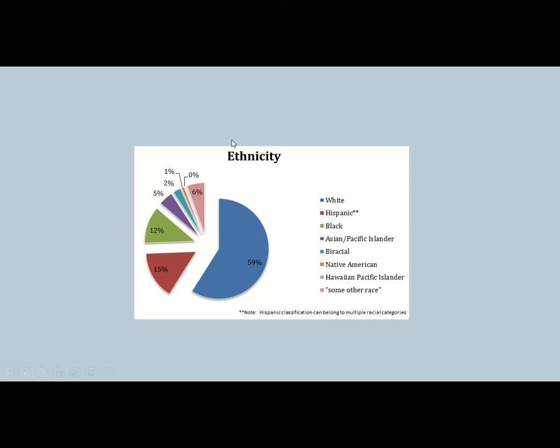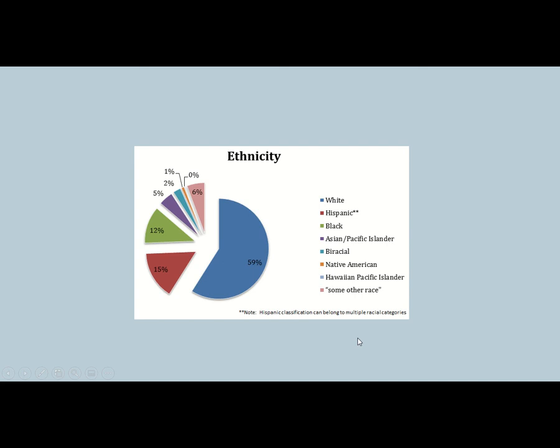I would also want 6% of some other race, 15% Hispanic, 12% Black. So if I looked just at the racial characteristics of my sample compared to the racial characteristics of the population that I want, I would hope that the percentages matched up, even though the numbers, 59% may be 10 in my sample, but it's some number of millions in the population, the percentages are the same.